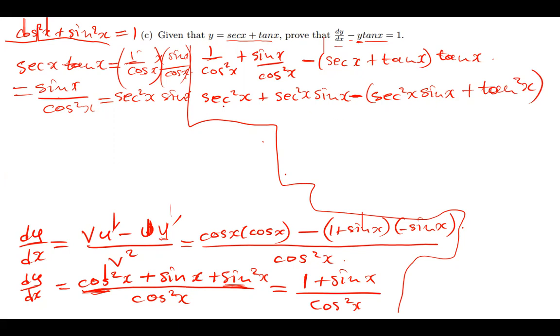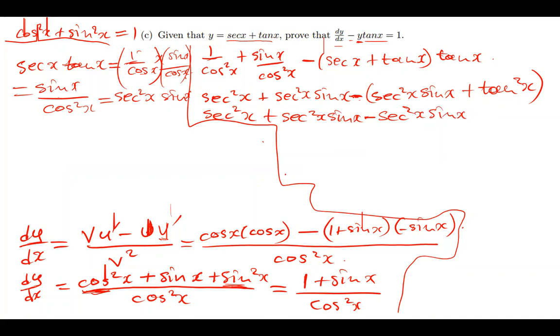So we can open the brackets. I have sec squared x plus sec squared x sine x, then minus, when you multiply this minus times sec squared x times sine x, you get minus sec squared x sine x.